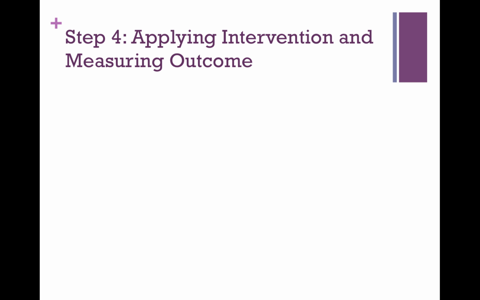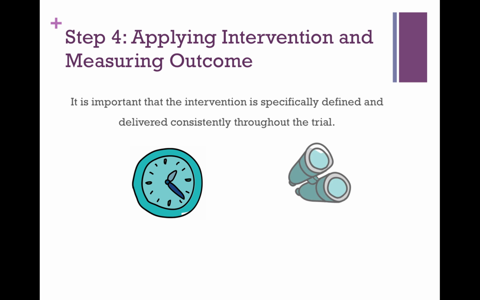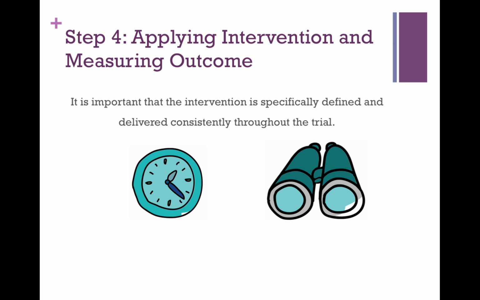Step 4. Applying intervention and measuring outcome. It is important that the intervention is specifically defined and delivered consistently throughout the trial. For example, the timing and monitoring of the participants and their intervention doses, whether it be a drug, is vital to ensure it is clinically safe.